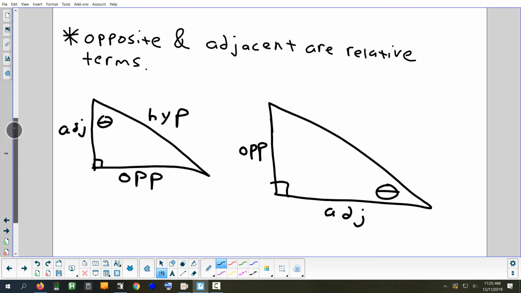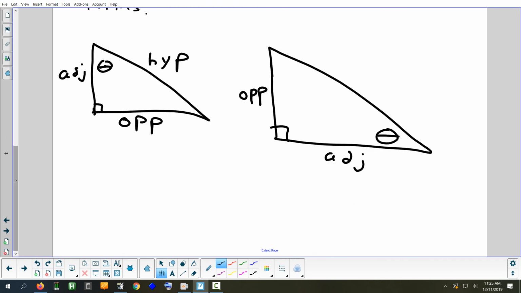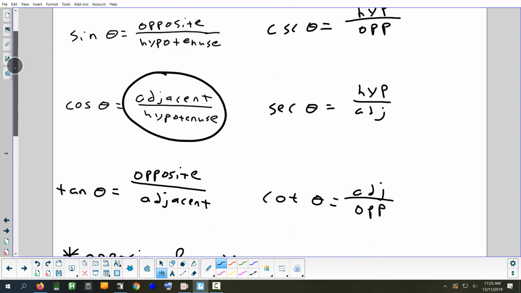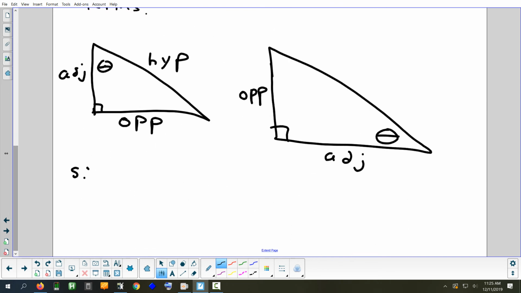All right, now, I said to you this is exactly the same as what we did with unit circle trig. Does anybody remember when we did unit circle trig, sine was what letter? Sine was y. Yep, cosine, x, and tangent, y over x.